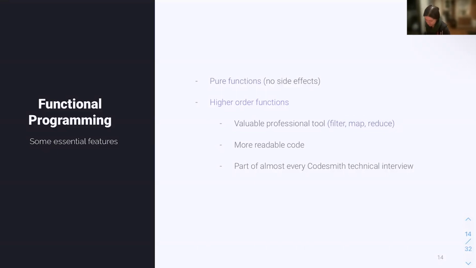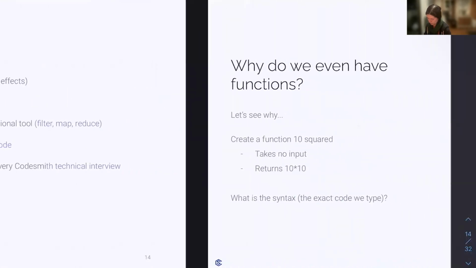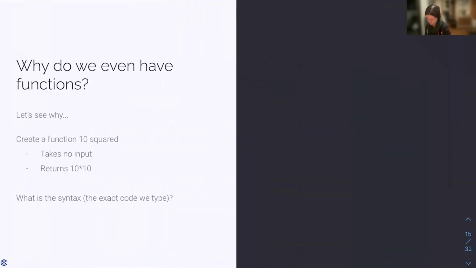They're going to allow us to write more readable code. You'll appreciate this bullet more and more as you spend more time writing code and reading other people's code. And then we've already spoken about this: not just the Codesmith technical interview, but this is certainly going to be part of other interviews as well.